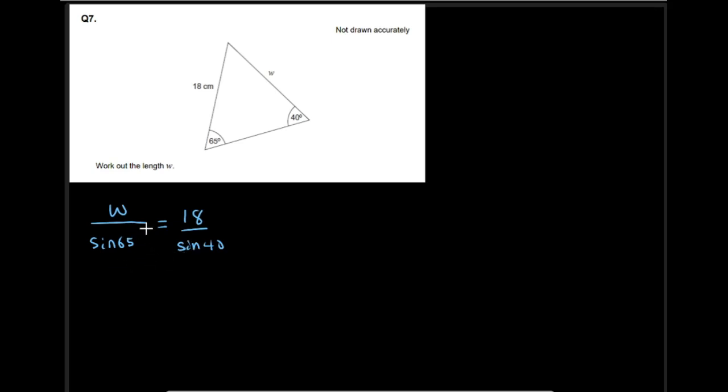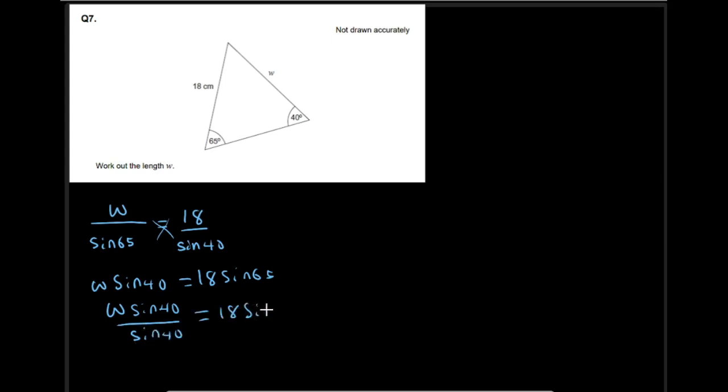Okay, so to get W, we cross multiply, and that will give us W sine 40 equals 18 sine 65. So to get W now, we divide both sides by sine 40. So we have W sine 40 over sine 40 equals 18 sine 65 over sine 40.